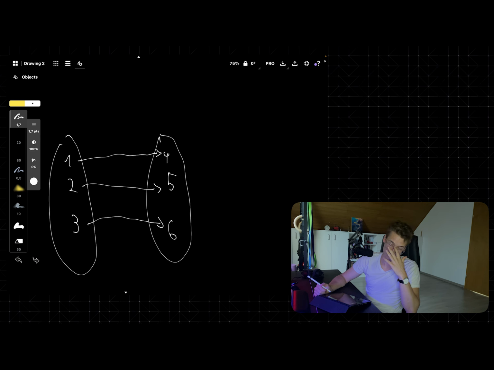Basically, another way to say this is, we have the domain and the codomain. The function takes one element from the domain and maps it to a certain element in the codomain. It doesn't necessarily need to reach all of the elements in the codomain.